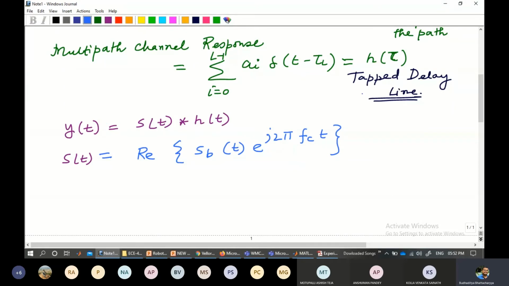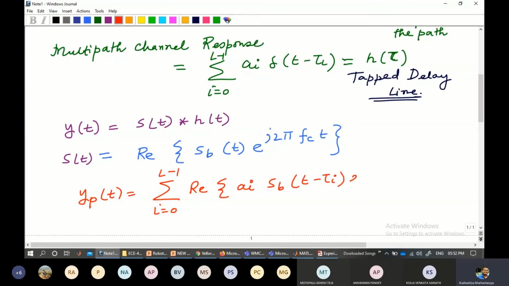So if this is s of t, and h of tau or h of t is already given, then y of t, or rather the passband y of t, as this passband also has a role to play, will be the summation over i equal to 0 to L minus 1 of the real component of a_i s_b(t minus tau_i) e to the power j 2 pi f_c (t minus tau_i).